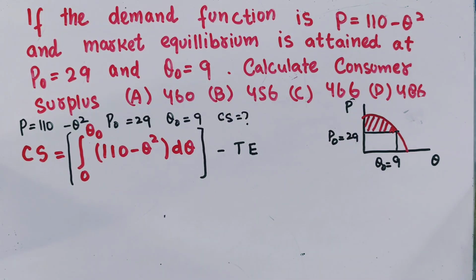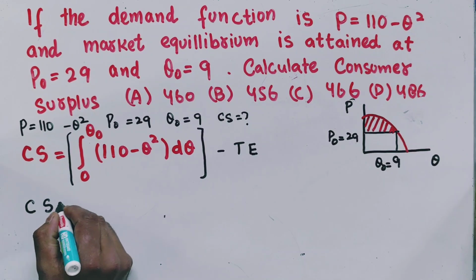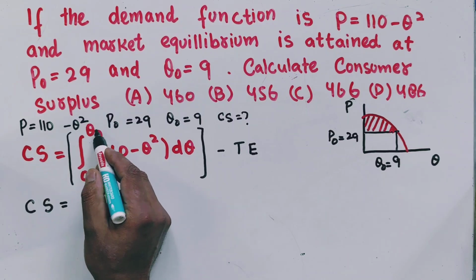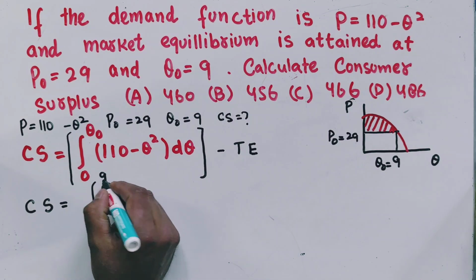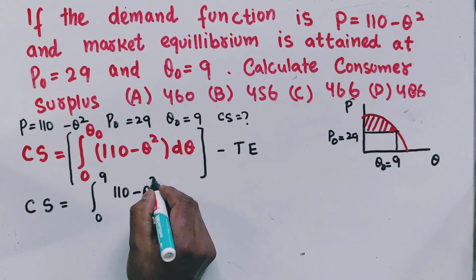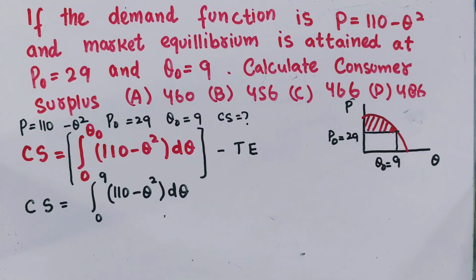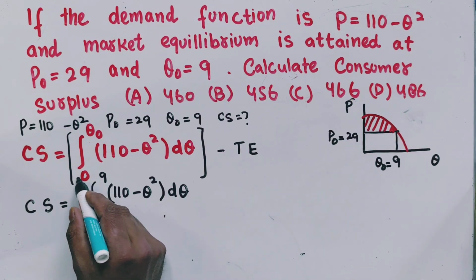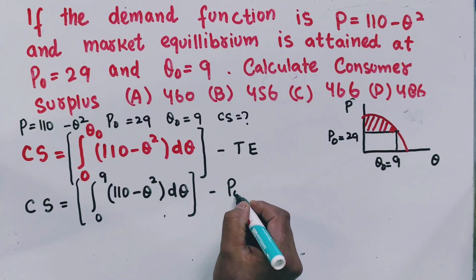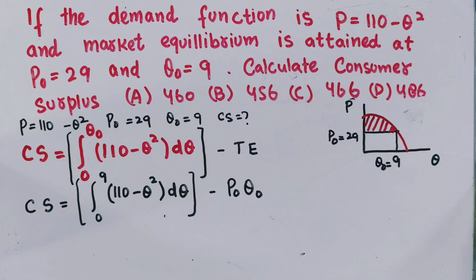So consumer surplus will be equal to the integral from 0 to the equilibrium quantity, which is given as 9, of 110 minus Q square, integrated with respect to Q. From this we subtract the total expenditure, that will be the equilibrium price times the equilibrium quantity.